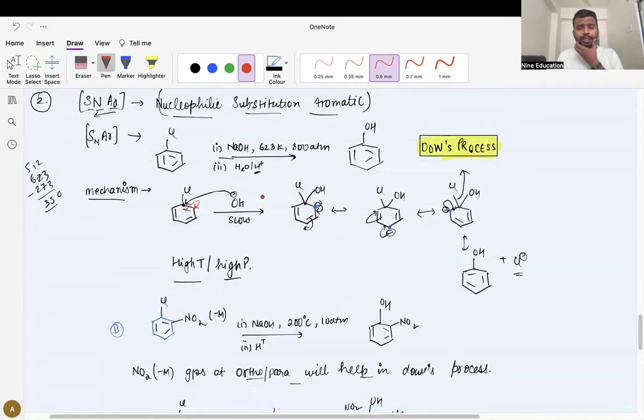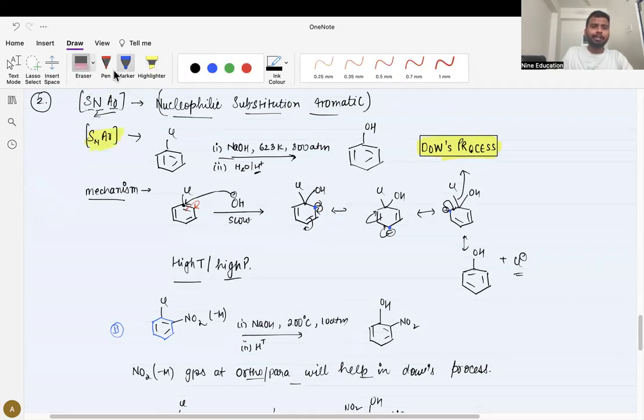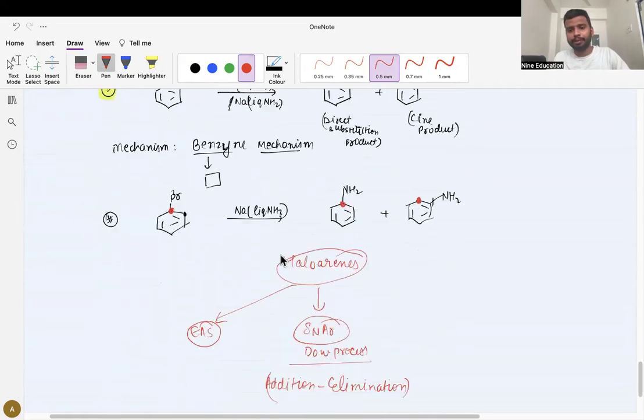So one is added, the other is gone. So this SNAr is also known as addition-elimination. So these two things you have to remember.